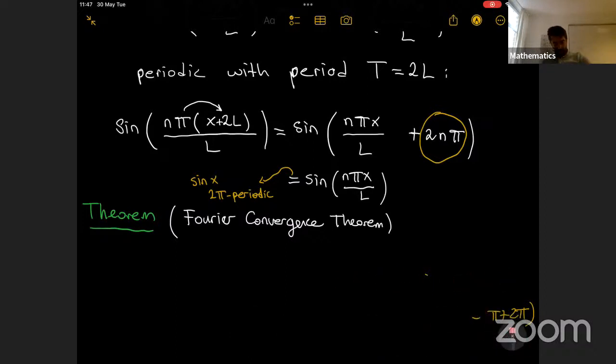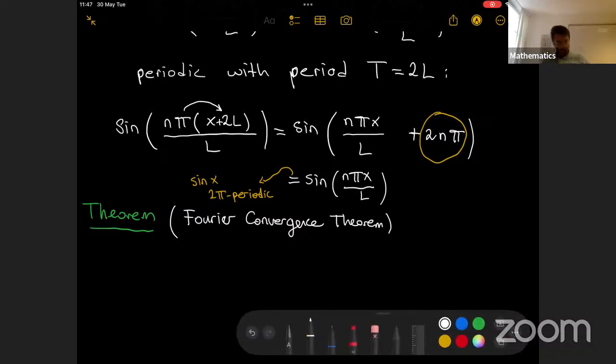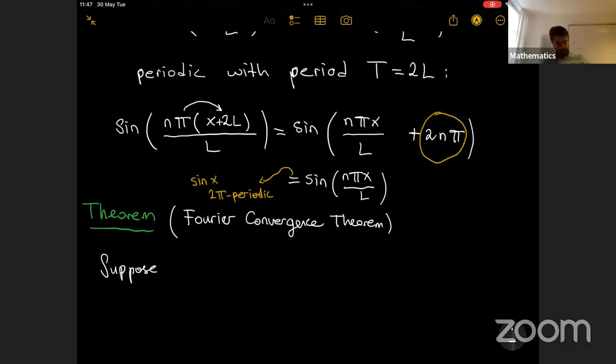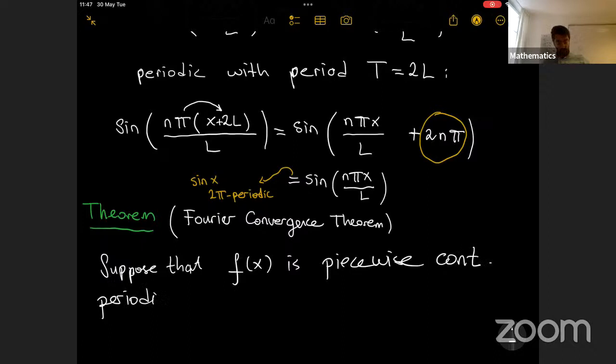All right, let's talk about this important theorem, the Fourier convergence theorem, which says, suppose that we have f, which is a piecewise continuous periodic function with period T equal to 2L.